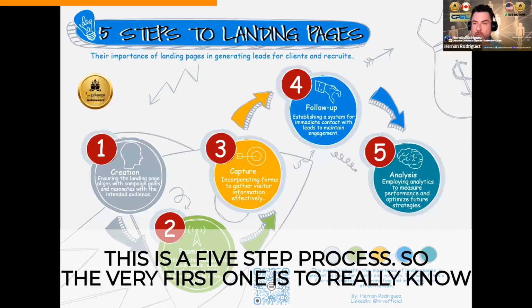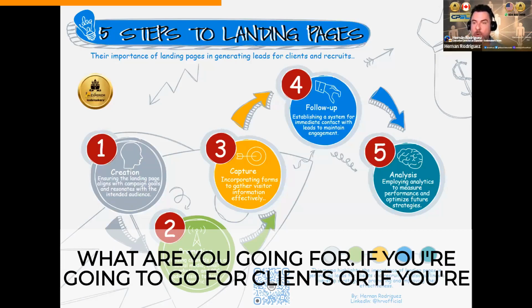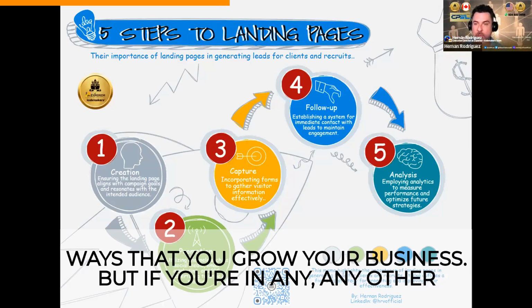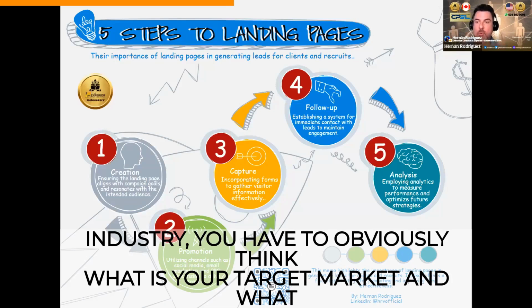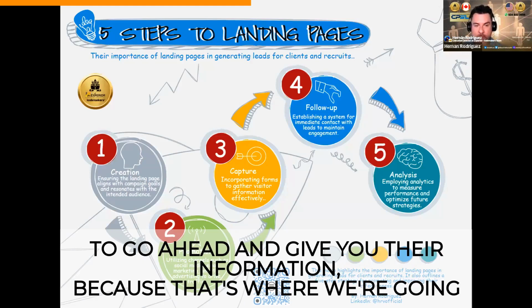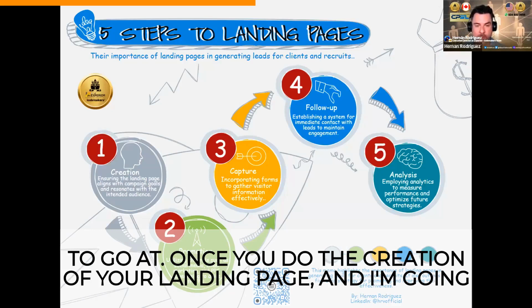So the very first one is to really know what are you going for, if you're going to go for clients or if you're going to go for recruits, because in our industry, that's the 2 ways that you grow your business. But if you're in any other industry, you have to obviously think what is your target market and what is it that is going to pull the attention of your prospects, also to go ahead and give you their information, because that's where we're going to go at.